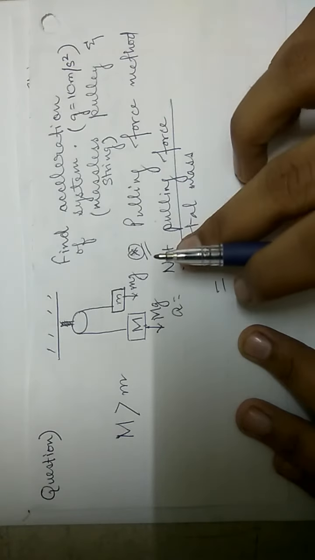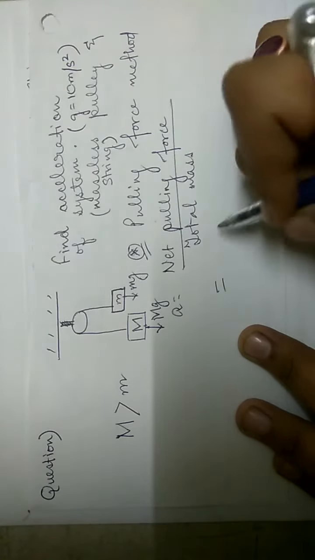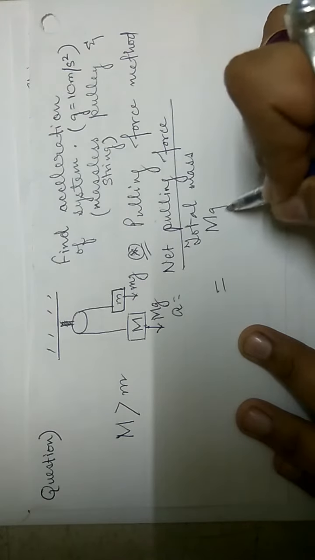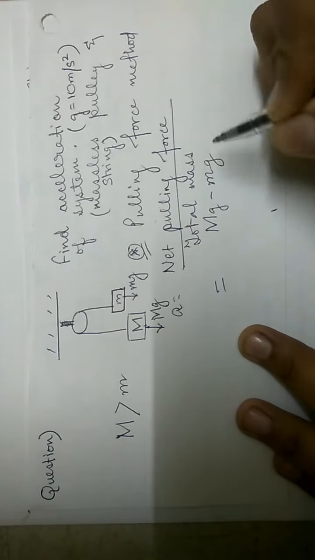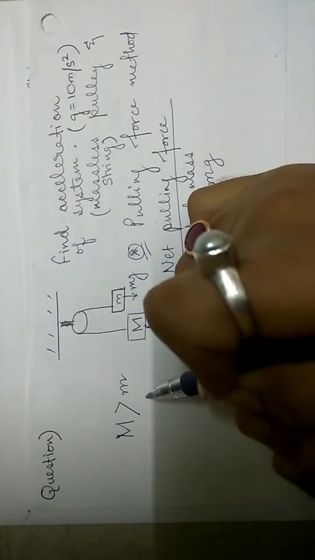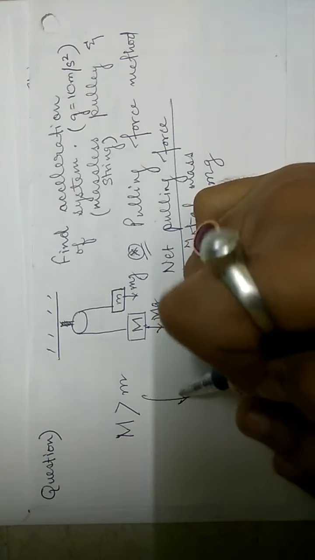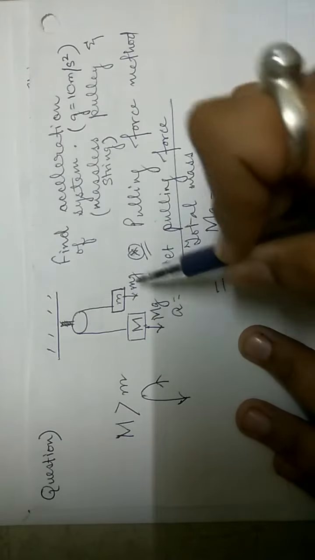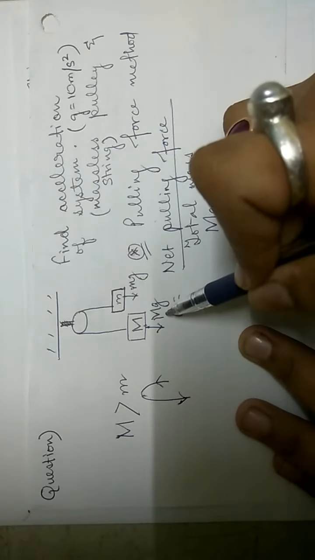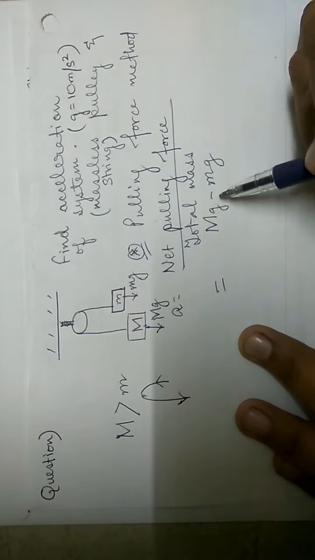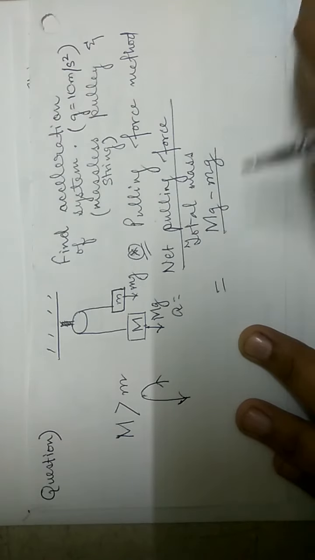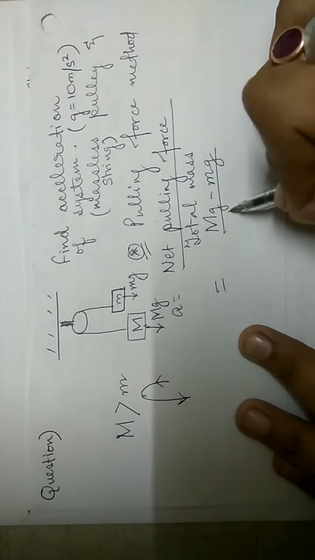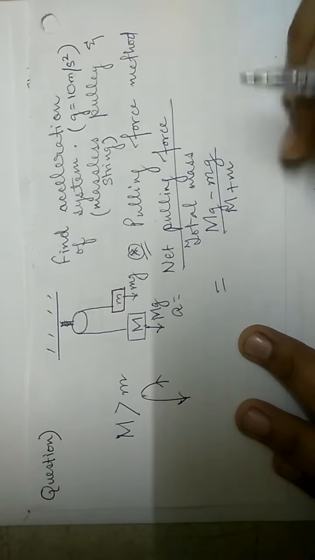Net pulling force can be given by capital Mg minus small mg, as we have a system moving like this, right? So small mg opposes the motion of capital Mg, so it needs to be subtracted, and the total mass is given by capital M plus small m.